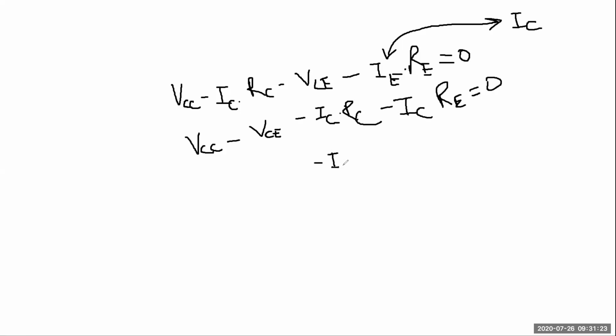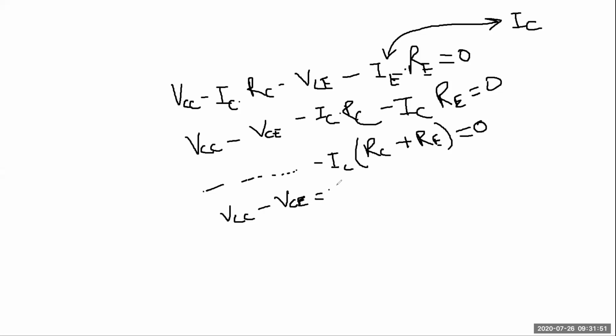So minus IC into RC plus RE equal to 0. That means VCC minus VCE equal to this. So I'm going to take this part on the other side, so that will be plus. So your VCC minus VCE equal to IC into RC plus RE.